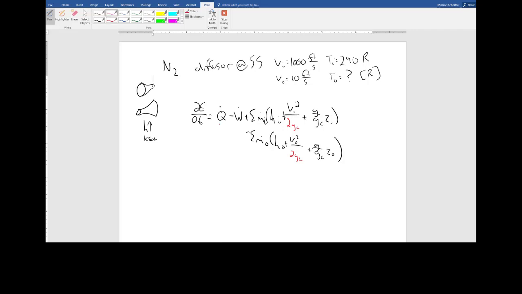Now, for the diffuser, we're going to say that it's steady state, that it's adiabatic, that there's no fan blades, that there's one inlet, one outlet, and no potential energy change.